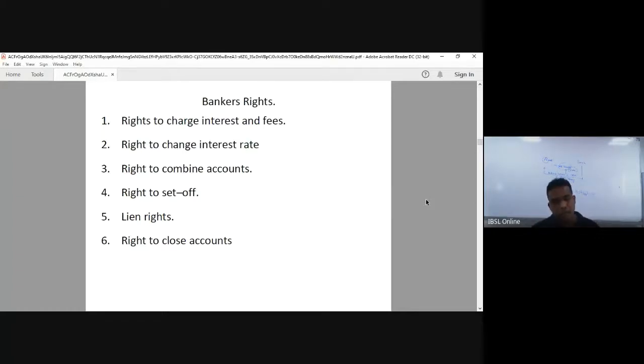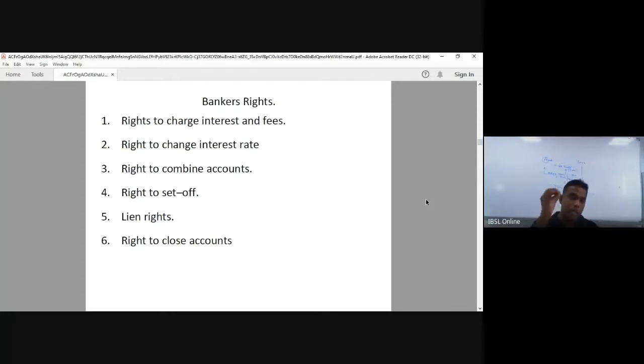When you decide to close an account, you have to give reasonable notice. The reasonable time period you decide based on certain features of the customer or the account. So what are the things you have to consider? First, you have to think about the nature of the account, whether it is a savings account, a current account, or any other type, such as fixed deposit, NRFC, RFC. We have different types of accounts.